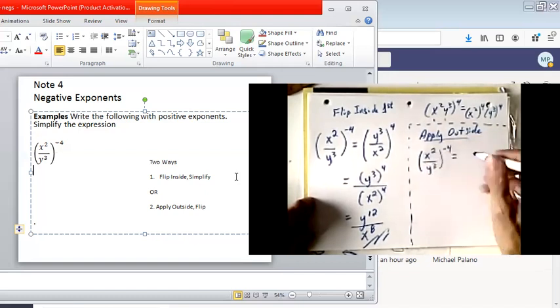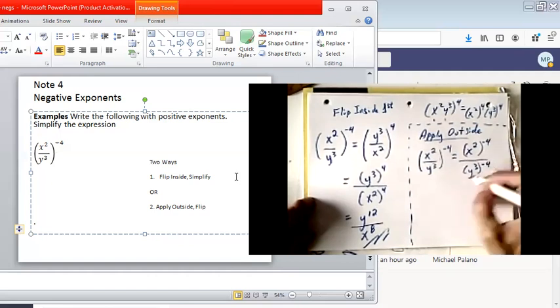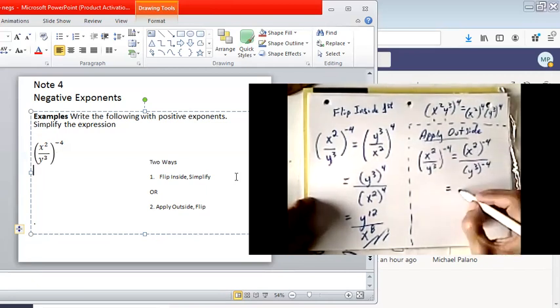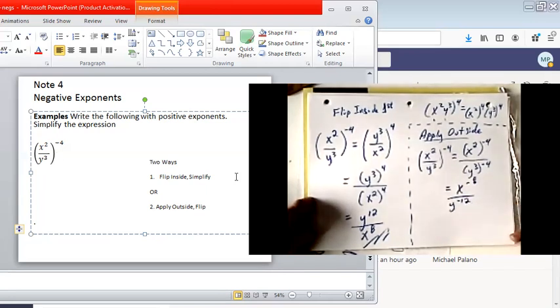And then instead of flipping it, each thing gets the -4. All right, so on the top, we still multiply even though it's a negative. You get x to the minus 8 over y to the minus 12.